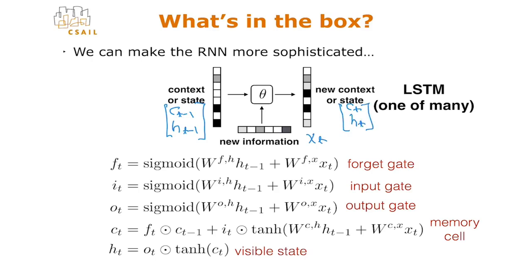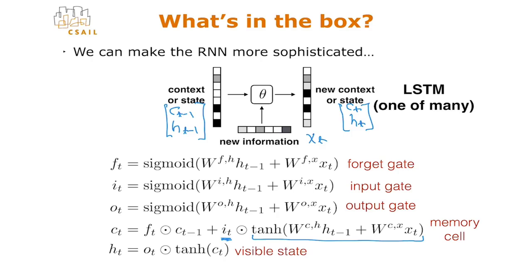Now, when we are updating the memory cell, we take the suggested new signal; in the basic RNN, we would have just overwritten the state with this new information. Now we have an input gate that controls to what degree which of these coordinates of this suggested signal should enter the memory cell.